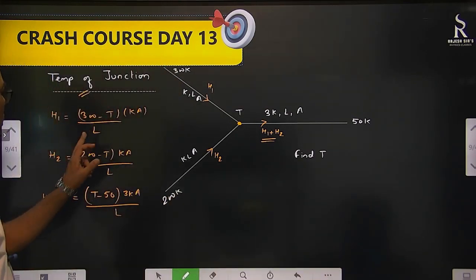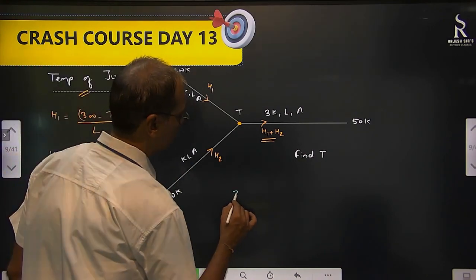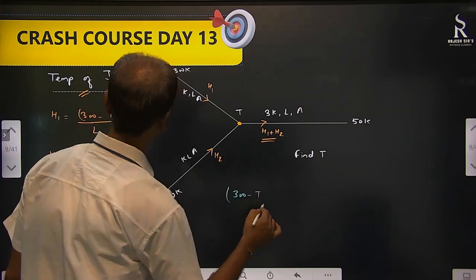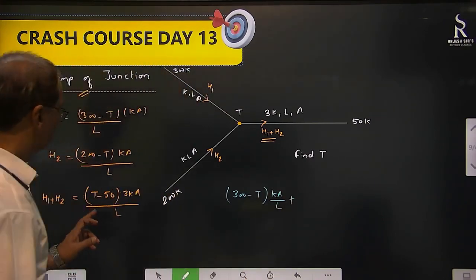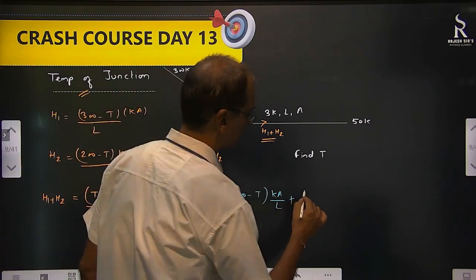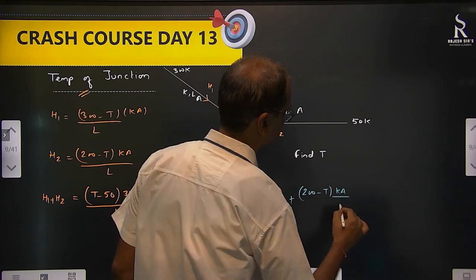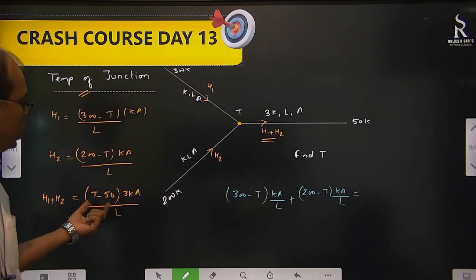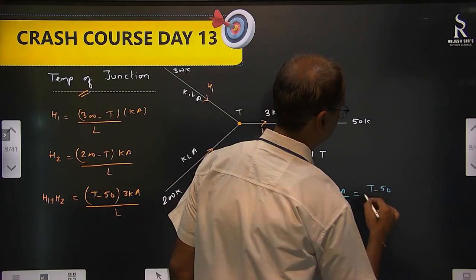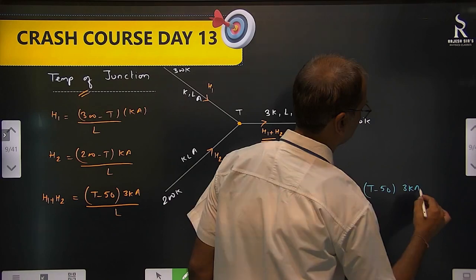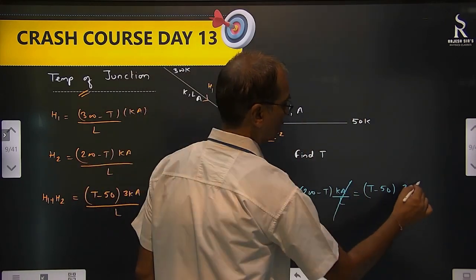So 300 minus T into KA by L plus 200 minus T into KA by L equal to T minus 50 into 3KA by L. You can see KA by L cancels on both sides.